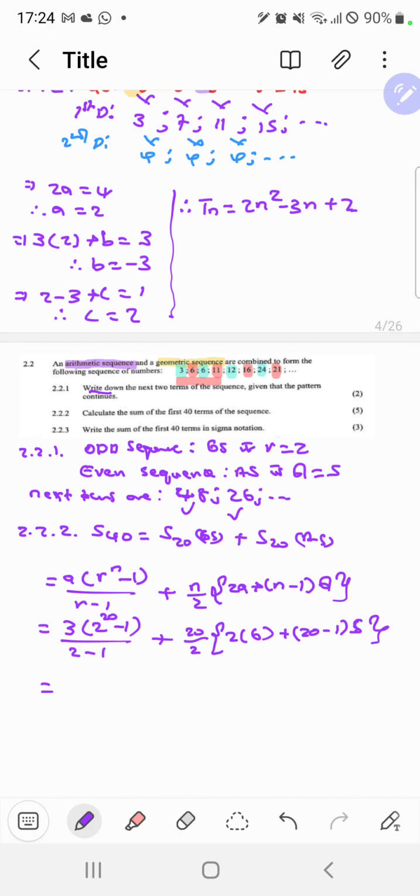And then I'm adding here 20 over 2, which is literally 10, into, now this is going to be 12, sorry, plus, and then this is going to be 19 times 5.